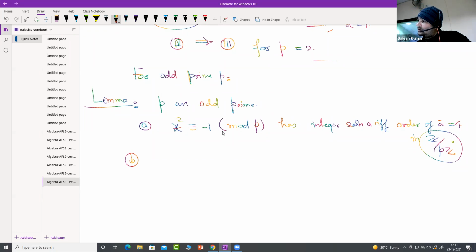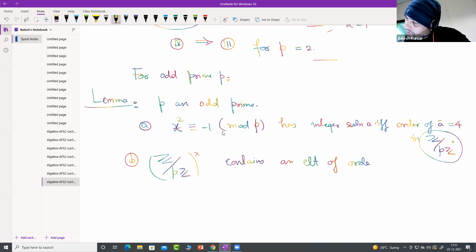And the second condition says that Z mod pZ star contains an element of order 4 if and only if this prime p is 1 mod 4.